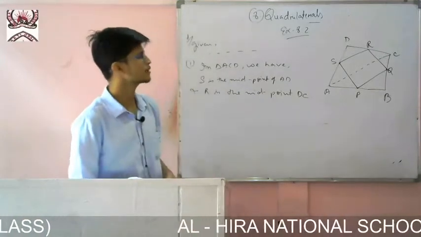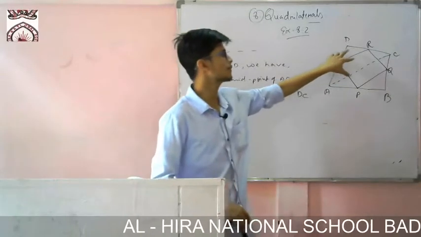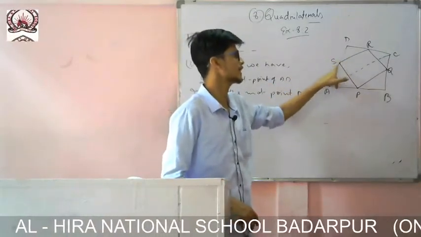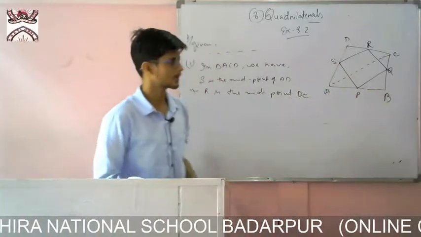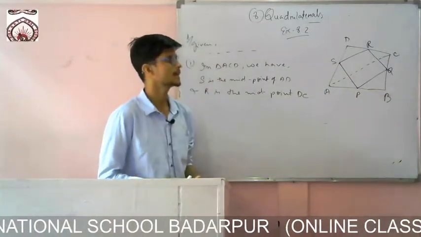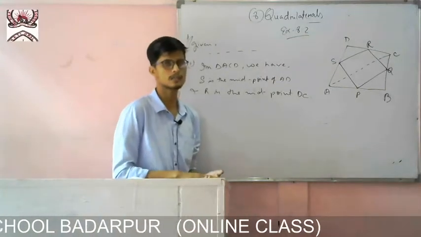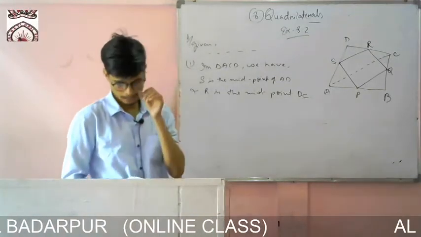Now you see, I can use here the formula. We know that if I join the midpoints of two sides of a triangle, then it is equal to half of the third side and parallel to the third side also.